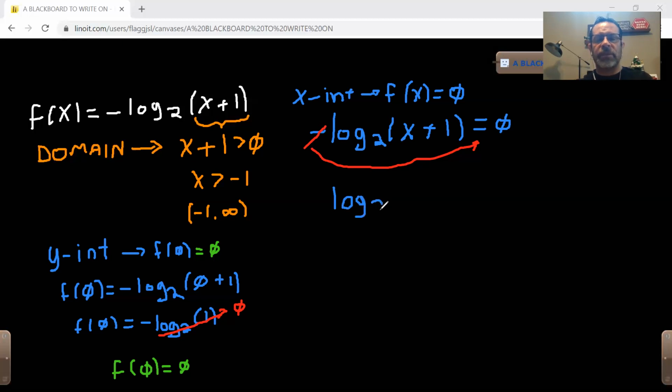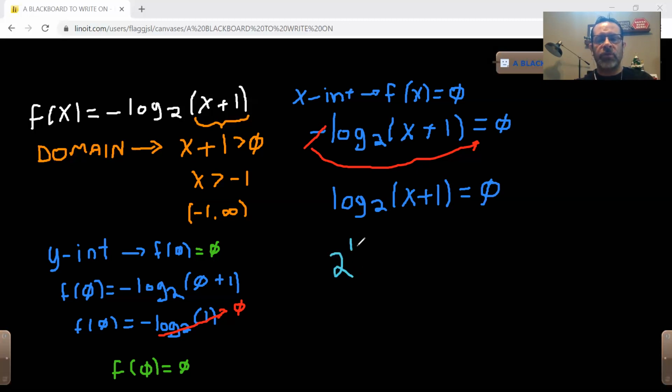I'm actually going to do this a couple of ways. So log base 2 of x plus 1 equals 0. One thing I can do is elevate everything to the power of 2.